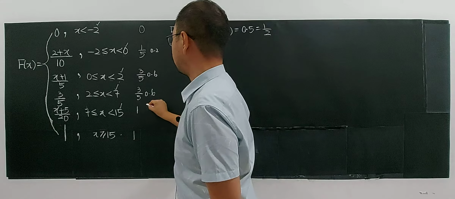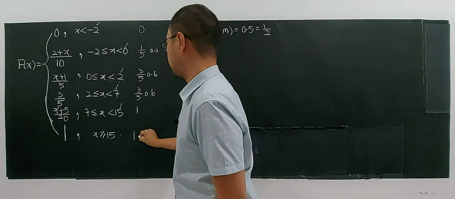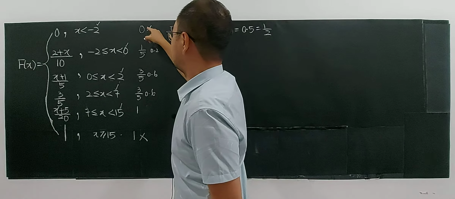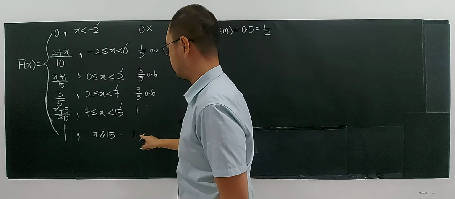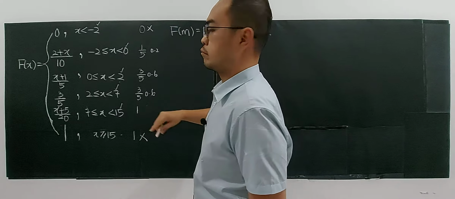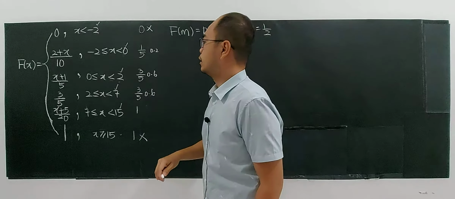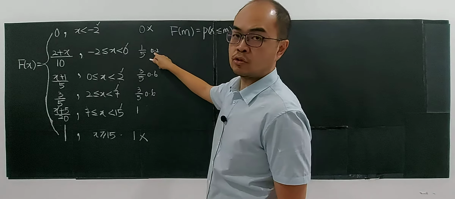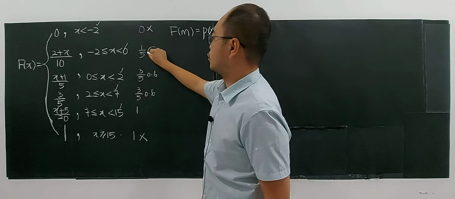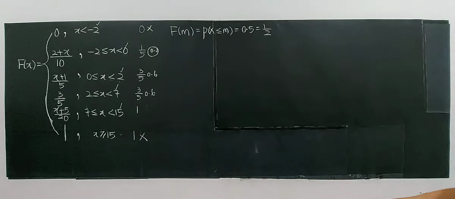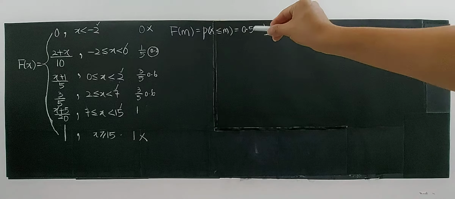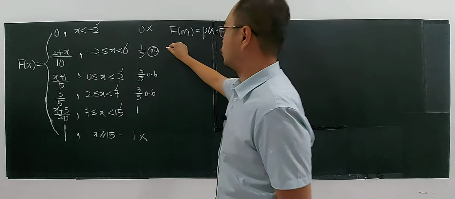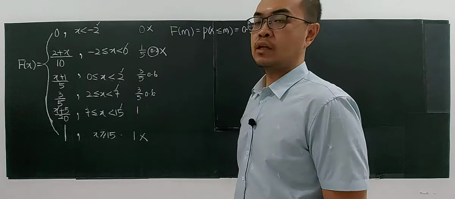Definitely it will not be at the first and the last, 0 and 1. For the median, it will be somewhere around here. It will not be here either, because this is just 0.2, and 0.2 is less than 0.5.